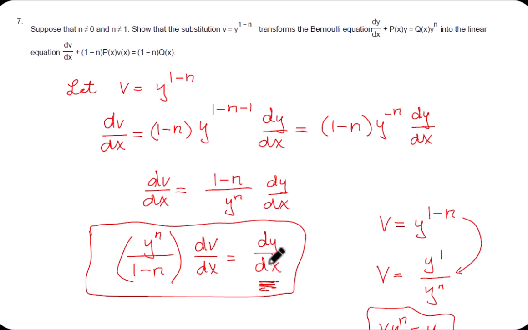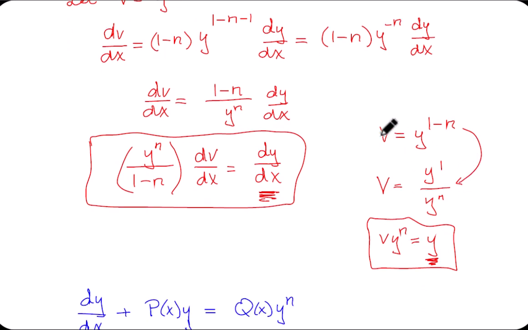We now know something about this term, which will go in up there. We need one more fact though. Let's see. V is y to the 1 minus n, but really that's y to the 1 times y to the minus n, and I'm going to rewrite y to the minus n as 1 over y to the n, and so I get that y is v y to the n.